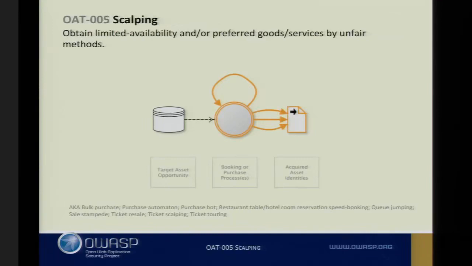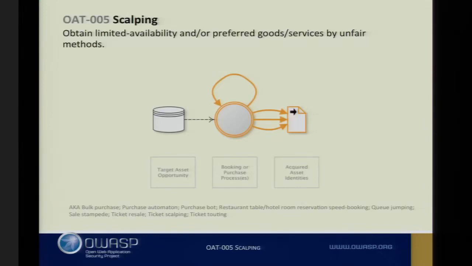Scalping is the mass acquisition of goods or services using the application in a manner that a normal user would be unable to undertake manually. Obviously, this is most well known in terms of ticket scalping, but it can be other sought after goods and services, something where there's some sort of limit to the availability.